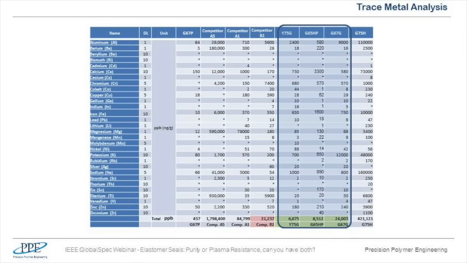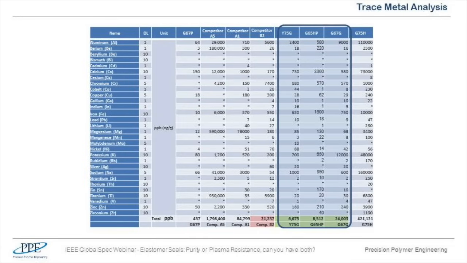Usually the filled materials have higher trace metal levels, as in the example of competitor A5 and A1. And most of the OEMs have very strict trace metal requirements for critical applications, which is usually 10,000 parts per billion.